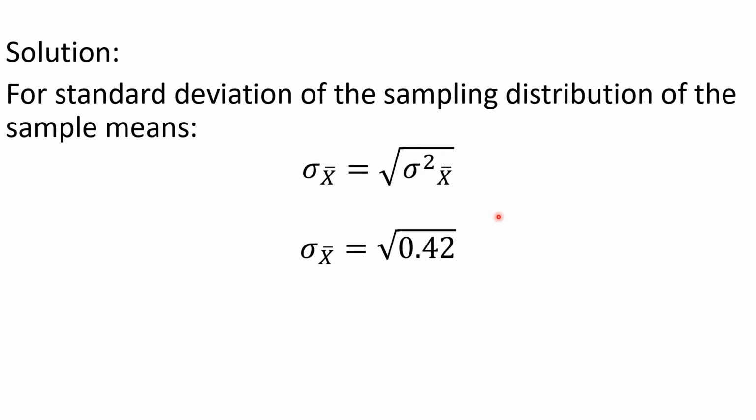And that is, use your calculator and you'll get 0.65. This is when it's rounded to the nearest hundredths place. So the standard deviation of the sampling distribution of the sample means is 0.65.